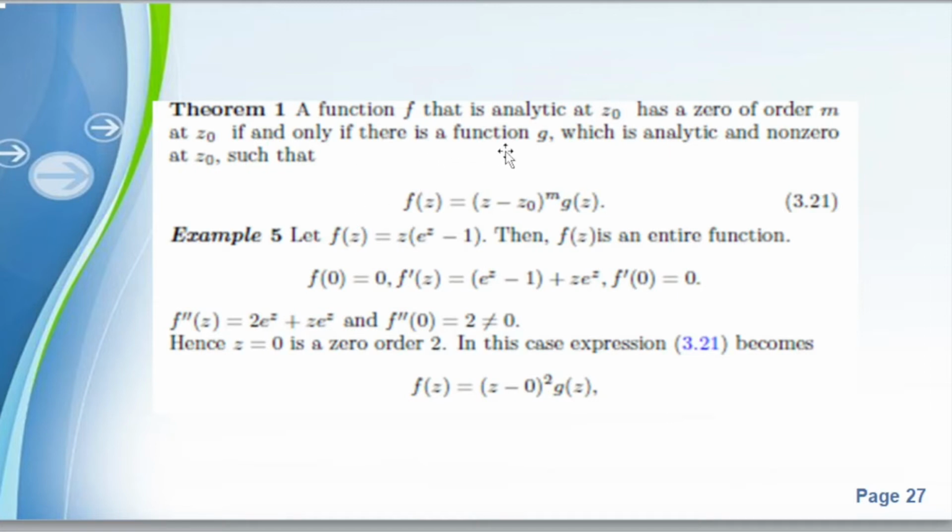A function f is analytic at z0 and has a zero of order m if and only if there is a function g such that f(z) is equal to (z minus z0) raised to m into g(z). Let f(z) be, for example, z into e raised to z minus 1. Then f(z) is an entire function and f(0) is 0.